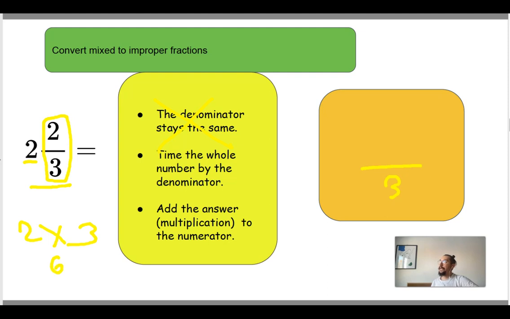Then just add the answer that you got from the multiplication to the numerator. So 6 plus 2 is 8. So this fraction, 2 and 2 over 3, became the improper fraction 8 over 3.